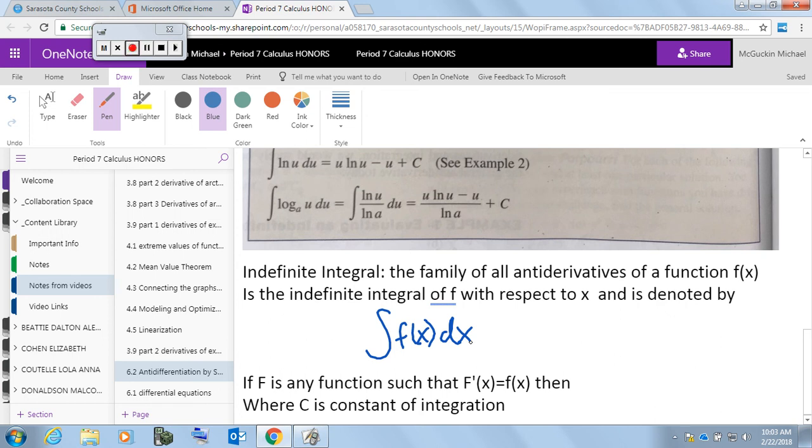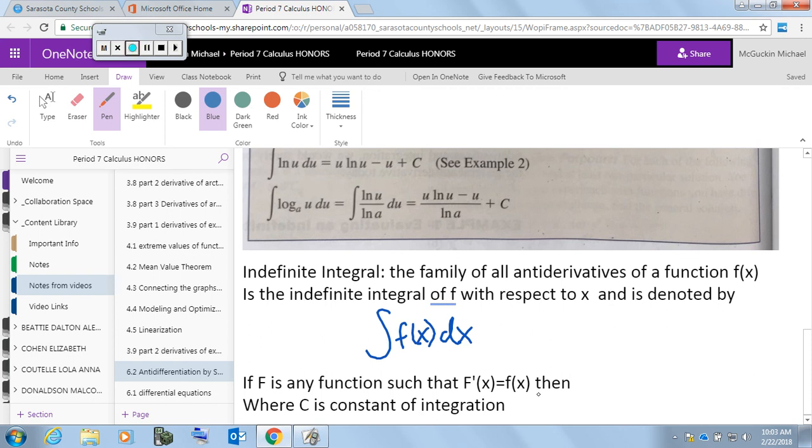It is also true that if capital F is any function such that the derivative of capital F equals f, remember capital F is really our antiderivative, right? Let me say that one more time. The antiderivative of a function, we're going to call that capital F, its derivative is that function. That only makes sense, right?